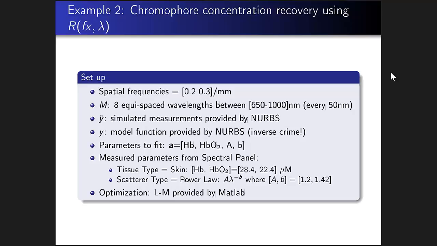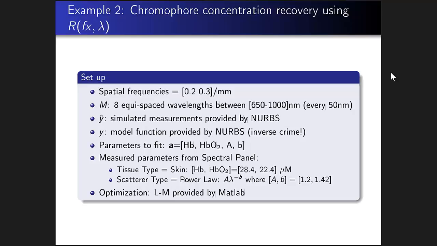Again, I'm going to simulate my measurements with NURBS, and use my model function using NURBS too. Now this is the inverse crime. A lot of times people come up with models and you can never simulate your measured data with your model because you will create this inverse crime, and I'll show you an example of what happens.